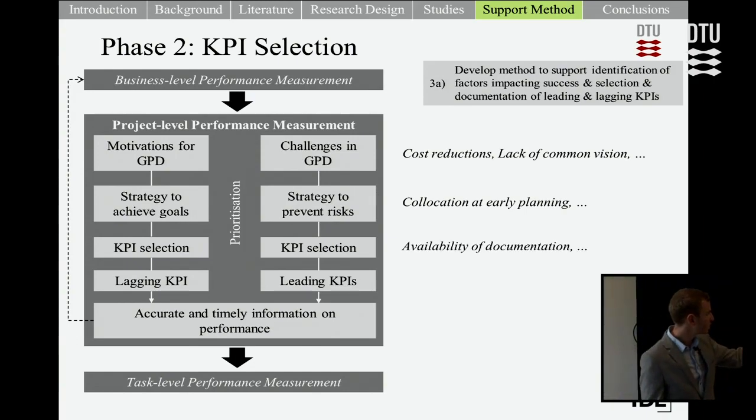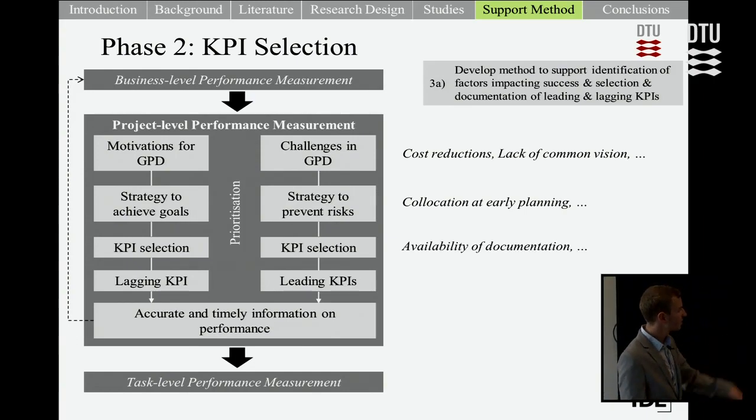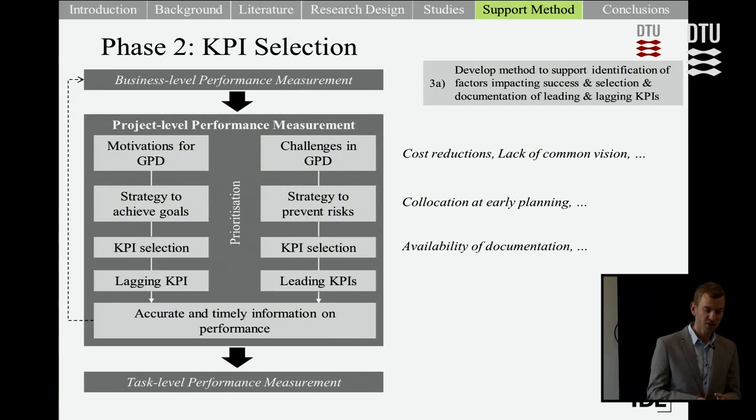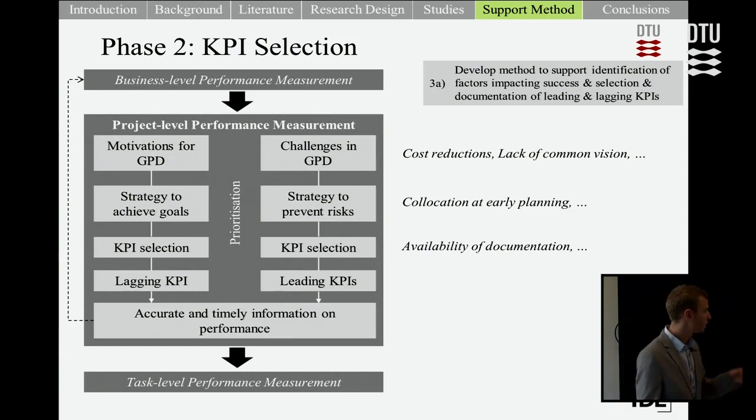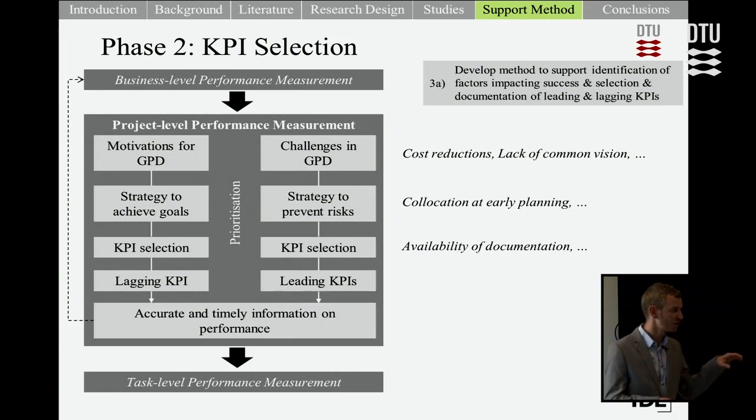And then based on this, we support the development of KPIs, and we provide a list of the KPIs identified in the studies, and use these as suggestions for measuring towards these motivations and challenges. And the final step is then to categorize them within these leading and lagging and to understand the relationship between these.